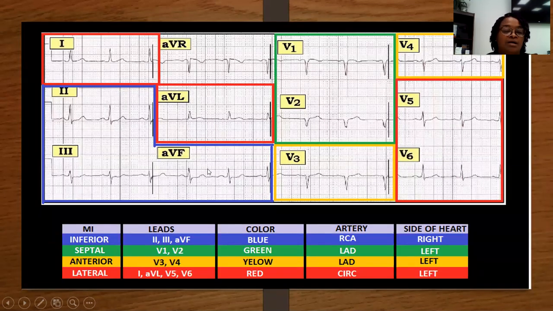Okay, so this is what's called your infarction squares, and we'll talk about that a little later. However, it still shows you the same thing, your four walls of the left ventricle, which leads you'll look at for those locations, and then which artery supplies that area of the heart.